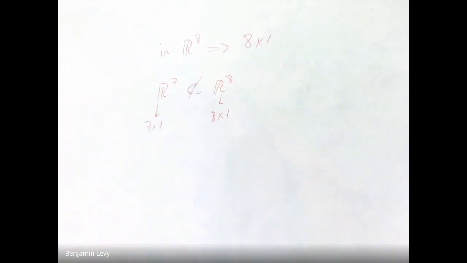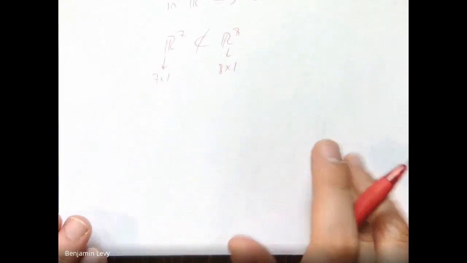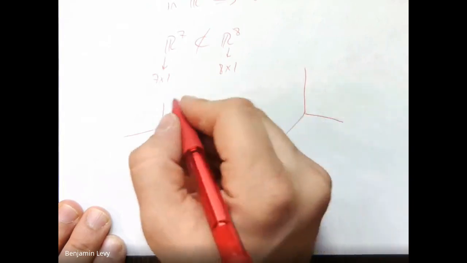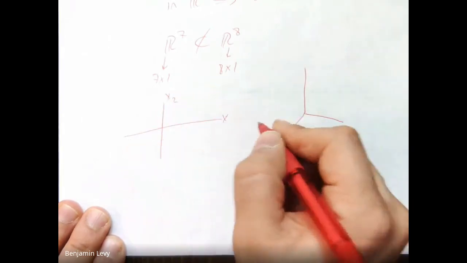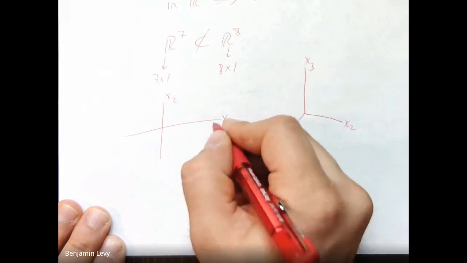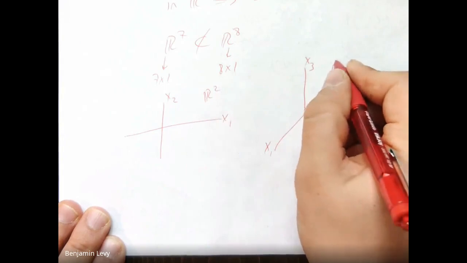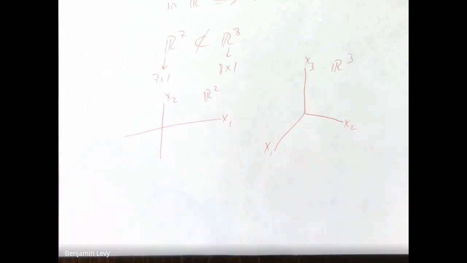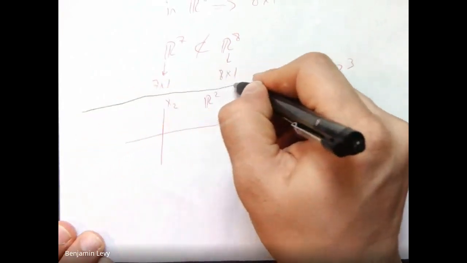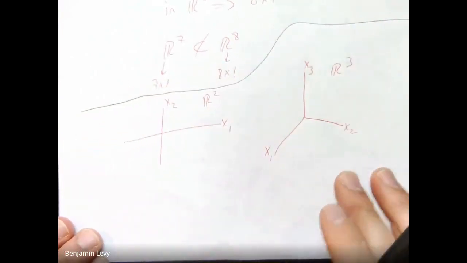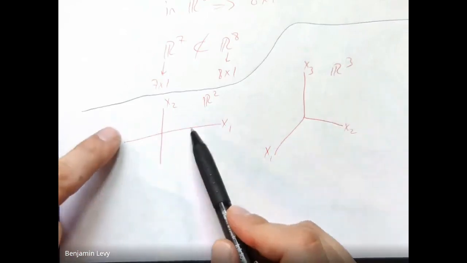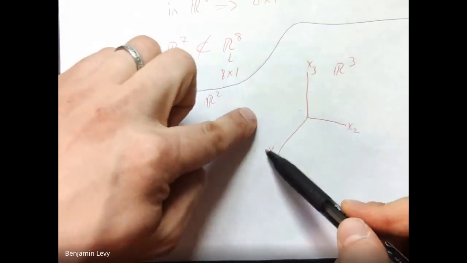Like, you can kind of think about the XY plane. Say this is x1, x2, and this is x1, x2, x3, right? So this is R2, this is R3. Sometimes people think that the x1, x2 plane is a subset of R3 because the x1, x2 plane is like the floor right here, right?